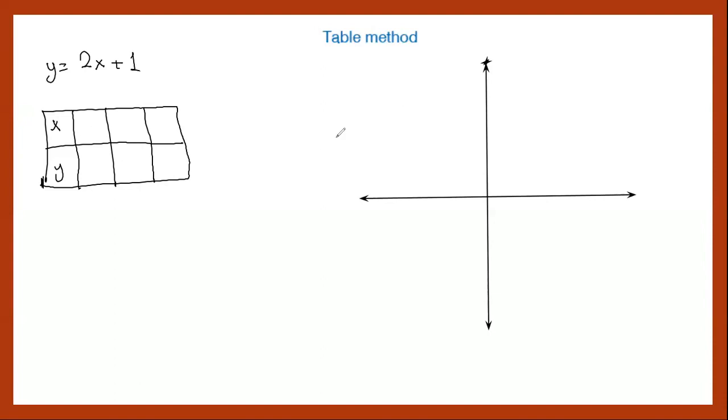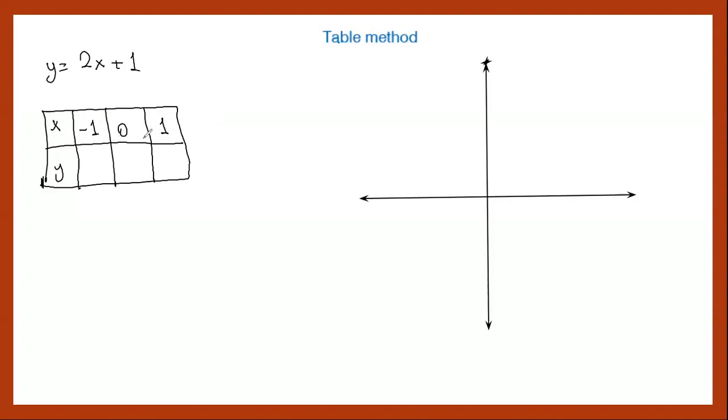My suggestion, just give -1, 0, and 1. I'm not saying you cannot give two numbers. You can even give two numbers, but to guarantee the shape, to draw a proper shape, give three numbers. My suggestion is -1, 0, 1. You can give two negatives and 0, or two positives and 0. You don't even need to give 0, you can give any other number, but I suggest you give those numbers.